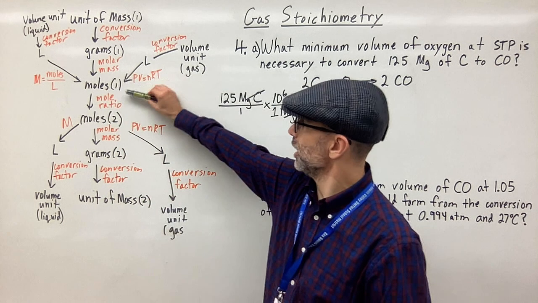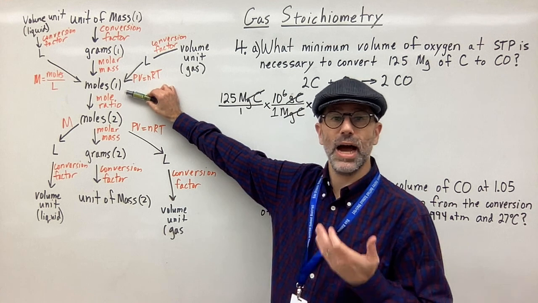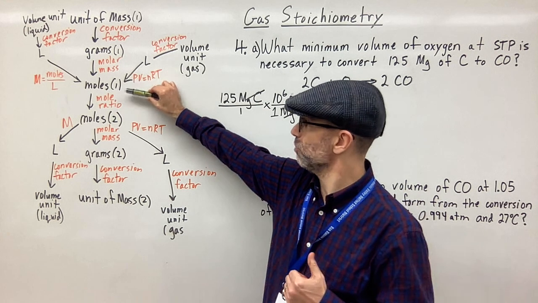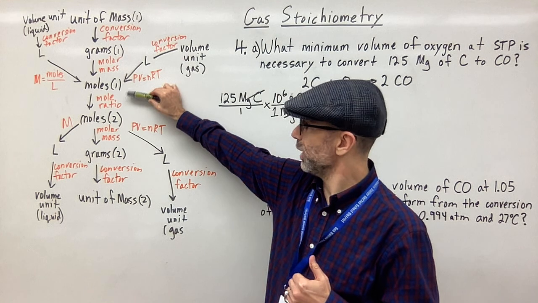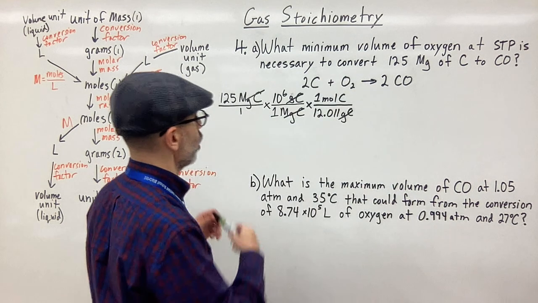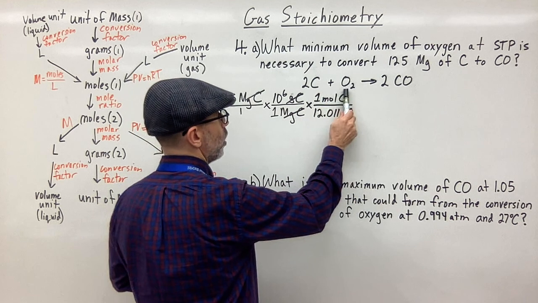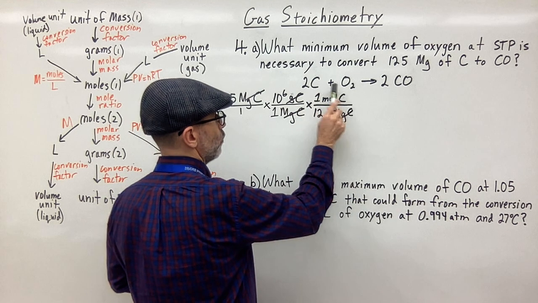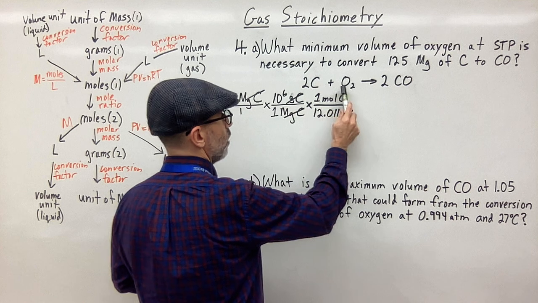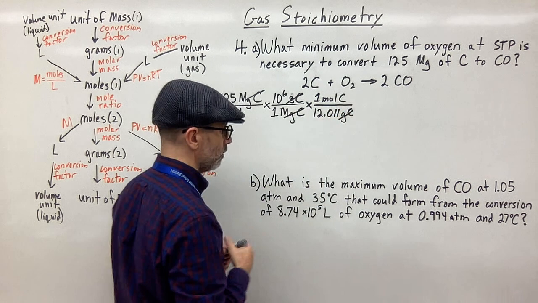Now we're here on our roadmap, and we can use the mole ratio from the balanced equation to convert from moles of carbon to moles of oxygen. It's a 2-to-1 ratio. We're looking at the coefficients, 2 here, 1 here. So 2 moles of carbon for every 1 mole of oxygen.